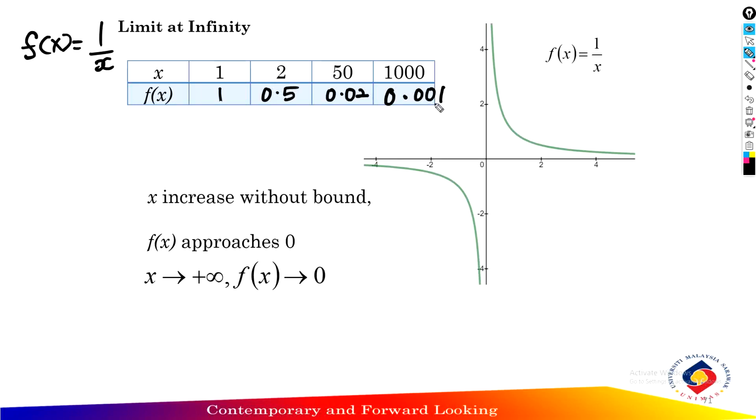As you can see in this row, the value of x: 1, 2, 50, 1000, 10,000, is moving towards positive infinity. So x increases to positive infinity.